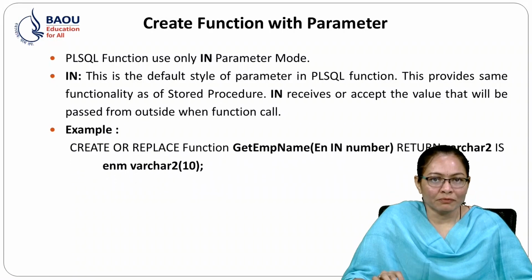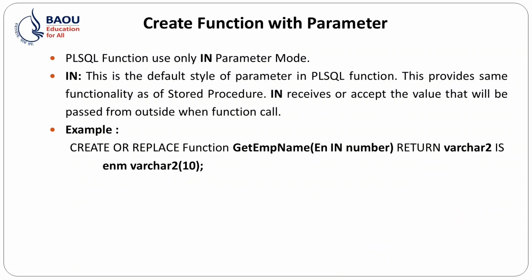Suppose we create a function that shows the employee name whose employee number is passed as a parameter. See in the example, CREATE OR REPLACE FUNCTION, then the function name get_emp_name. This is the user-defined name.